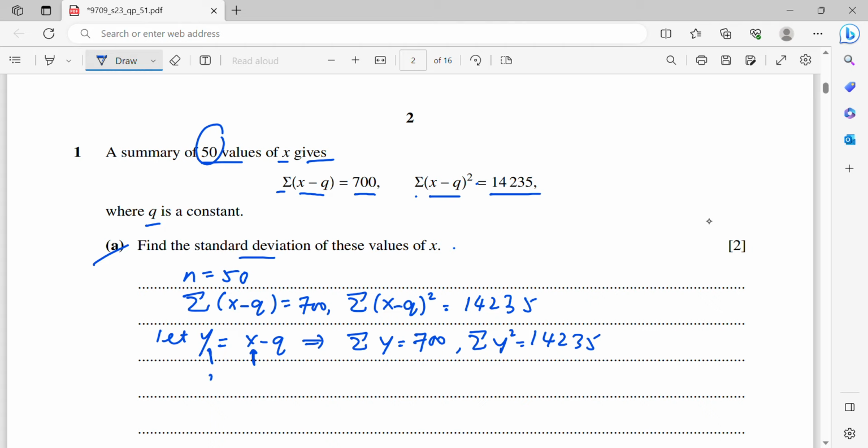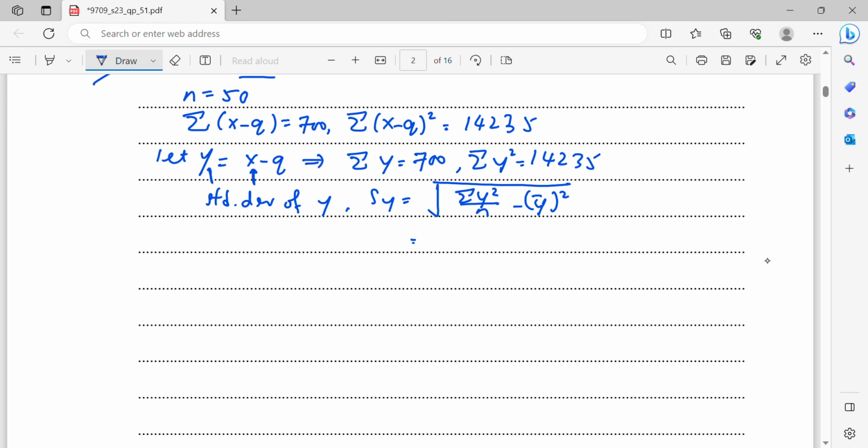So the standard deviation of y, which is sy, is going to be the square root of summation y squared over n minus y bar squared. So it becomes the square root of 14235 over n, which is 50.